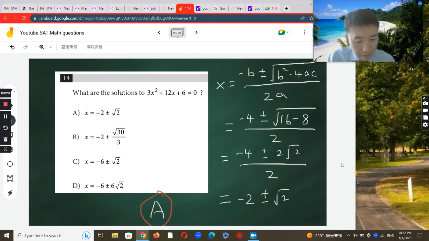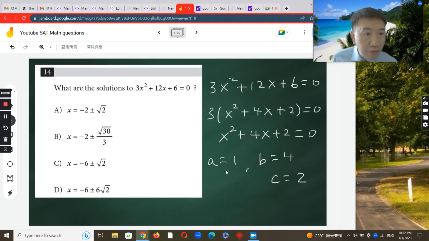All right, so previously, let me remind you that a equals 1, b equals 4, c equals 2. These are the coefficients of this quadratic equation.